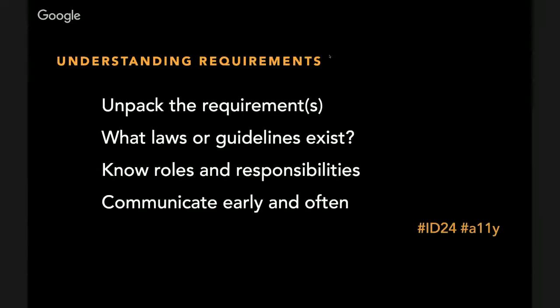And then, with understanding requirements, just communicate early and often about those requirements. Make sure that folks understand that this is part of the project that you're working on. The empathy building certainly will help, and you can back that up with the requirements that you have as well, so that you have a pretty solid stance for accessibility moving forward.